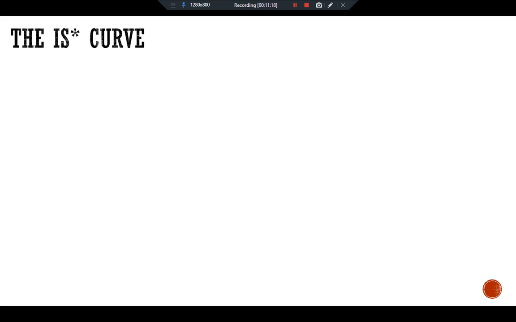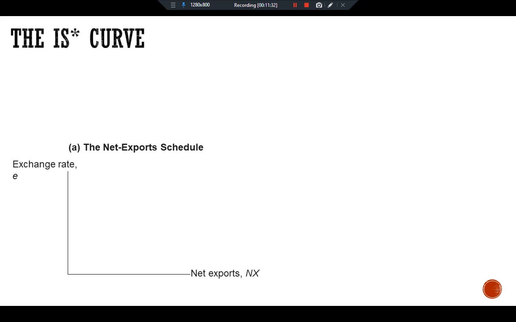We have three parts in the graphical presentation. First, we have the net export schedule. We have net exports on the x-axis and the exchange rate E on the y-axis, and we have a downward sloping demand for net exports. At this point, we have that amount of net exports at that exchange rate.